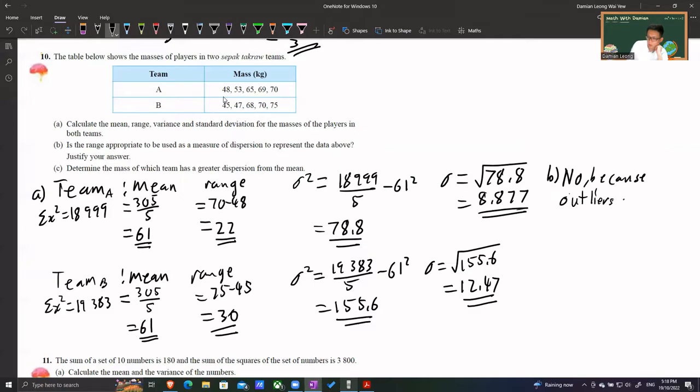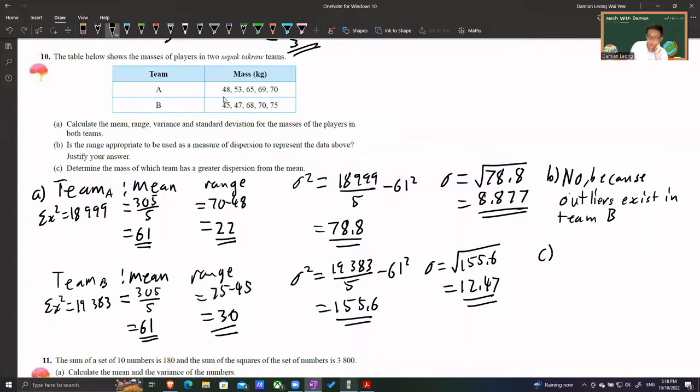Outliers exist in team B. Outliers or extreme values, both can be used. You can say outliers, you can say extreme value. It's fine. So the mass of which team has greater dispersion from the mean?